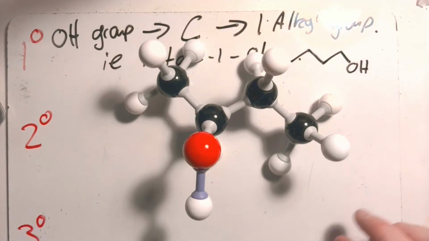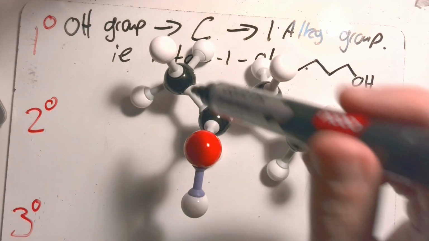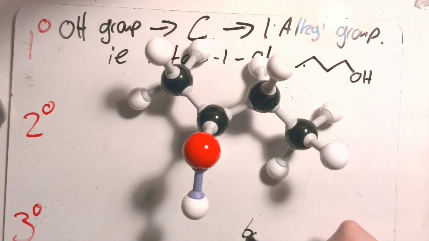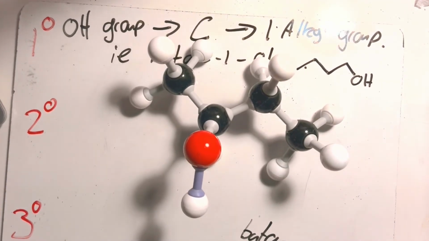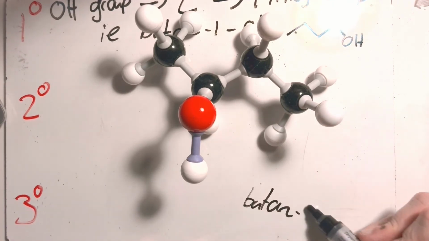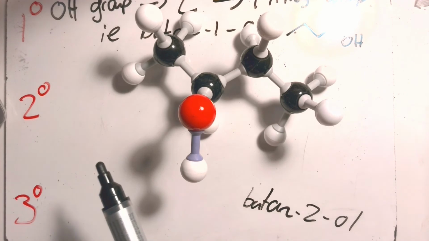So, welcome back. So what did you name it? This one here is a 1, 2, 3, 4. Longest chain is a 4, so this is another butane. And our OH group here is on carbon number 2, so this is going to be butan-2-ol here. Butan-2-ol is a lovely example of a secondary alcohol.